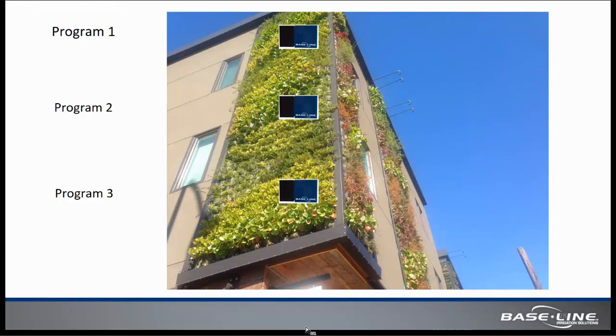So we broke this panel into 3 different programs, had a sensor installed in each one of those sections of the panel, and then programmed the controller accordingly.